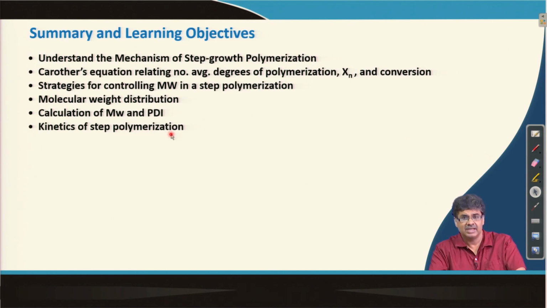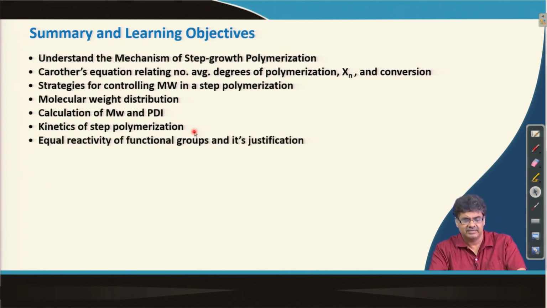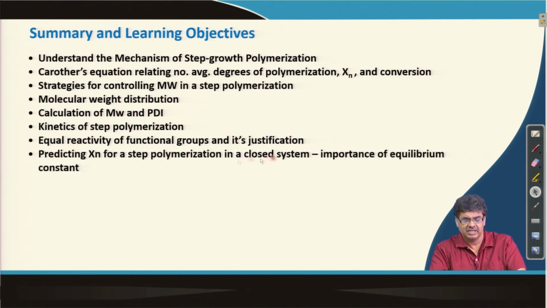They should know the kinetics of step polymerization, and they should appreciate that externally catalyzed reactions are faster than internally catalyzed or self catalyzed reactions, and in that respect they should also realize the equal reactivity of functional groups and its justification.